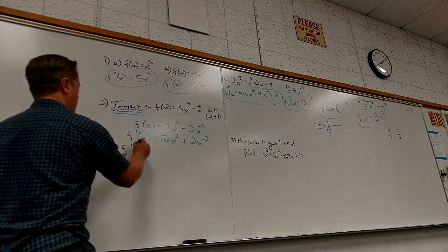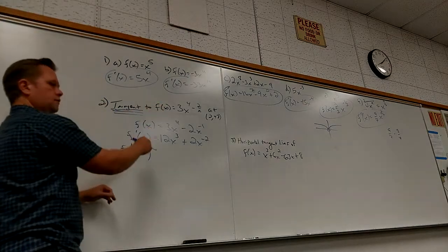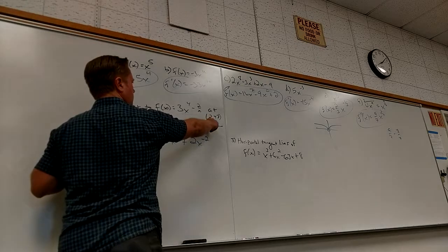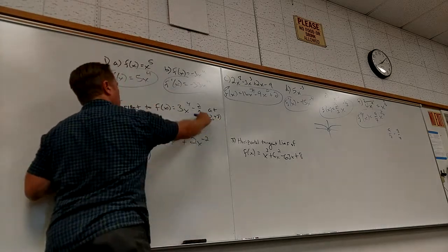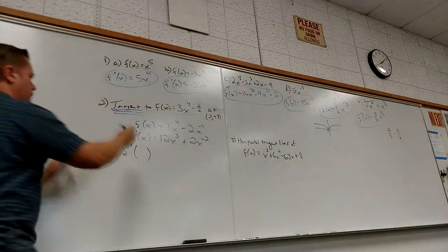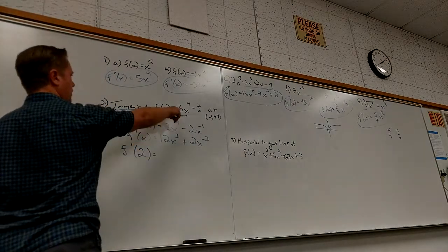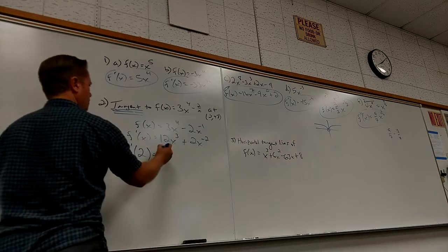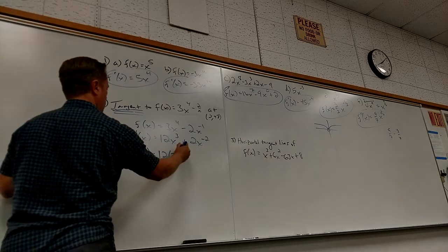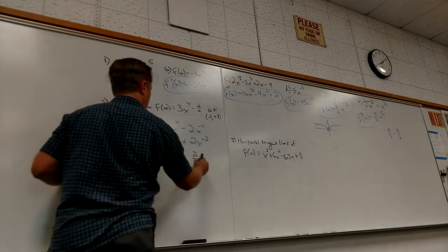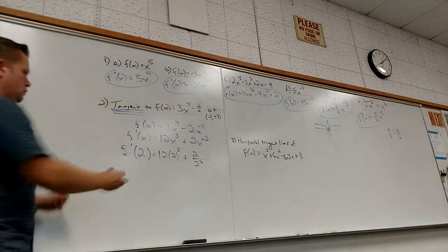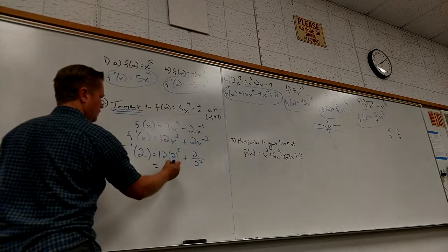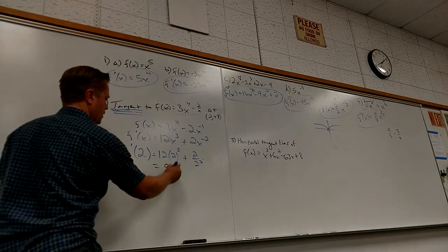So what do I plug into the slope function to get this? 2. What's this 47, of course? That's the output to this, right? So if I plug a 2 in, I end up with 12 times 2 cubed plus 2 over 2 squared. 96. Yeah, I like it.